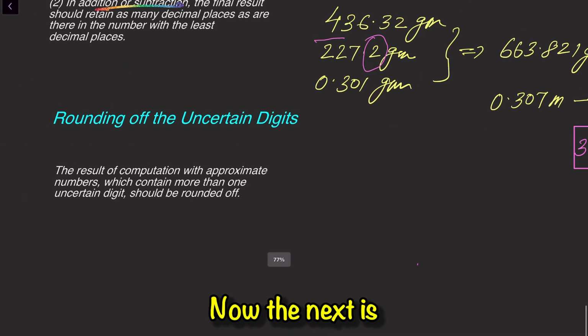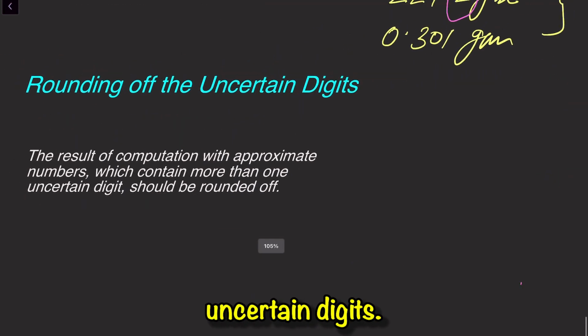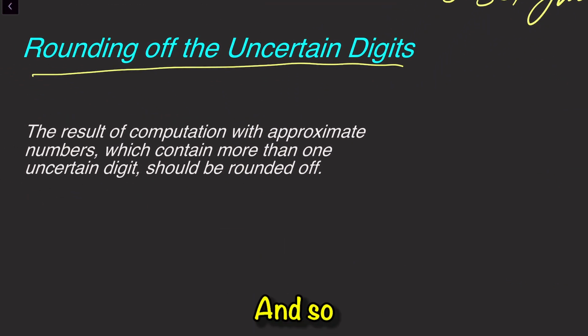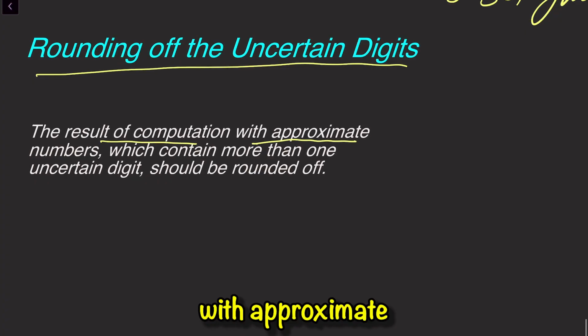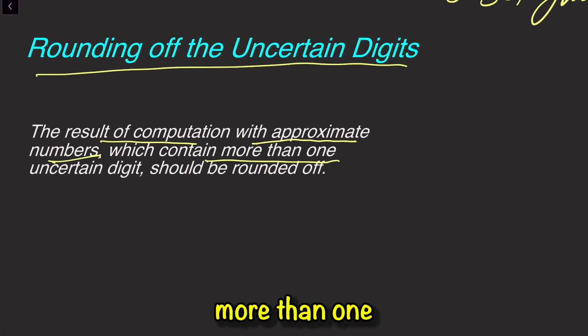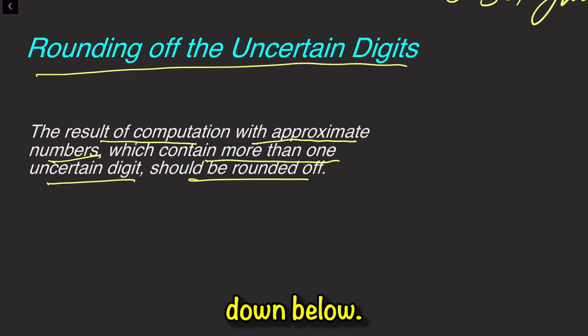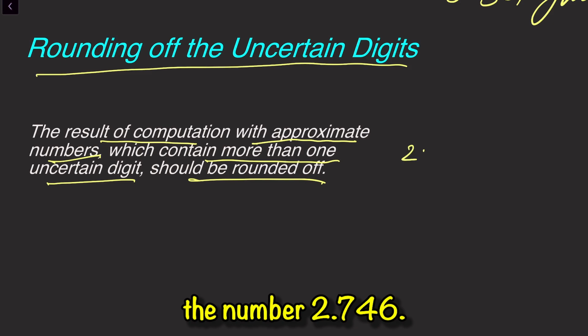Now the next is rounding of uncertain digits. The result of computation with approximate numbers which contain more than one uncertain digit should be rounded off. What it means? Let's say we have the number 2.746.